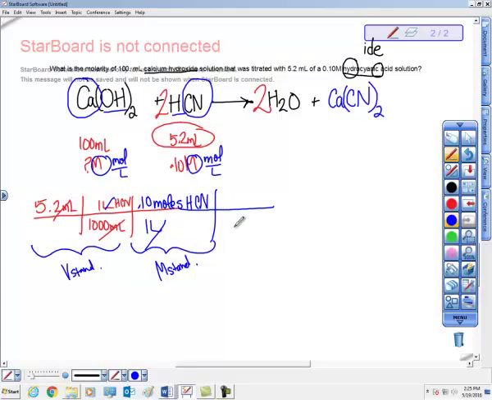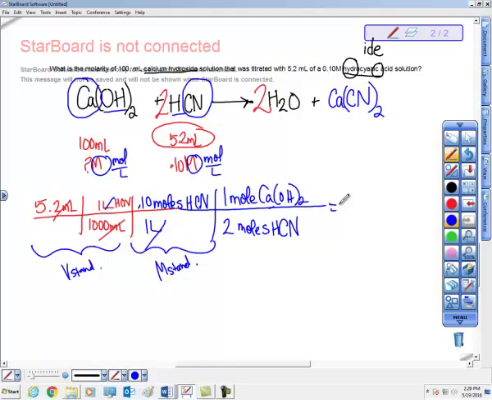Follow hydrocyanic acid. If it's on the top here, it will be on the bottom over here. So every 2 moles of HCN that react, you will be able to neutralize 1 mole of the calcium hydroxide. This is just going to give you moles of calcium hydroxide. This is not molarity yet. So we're partway through the problem.